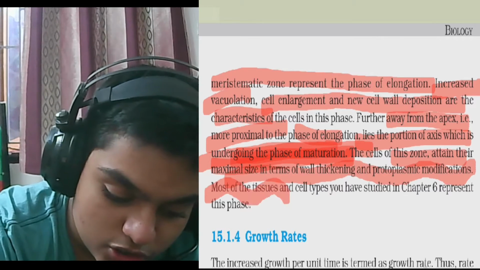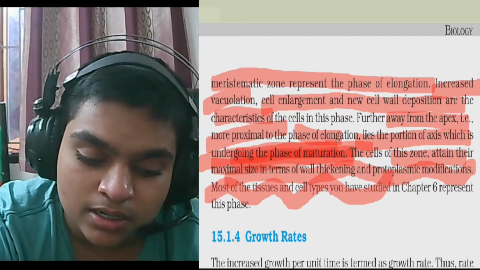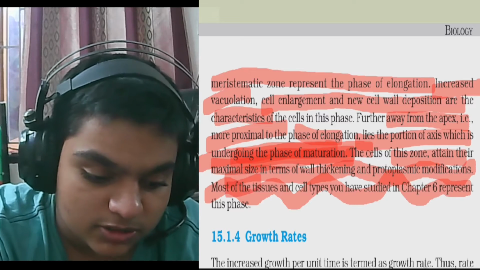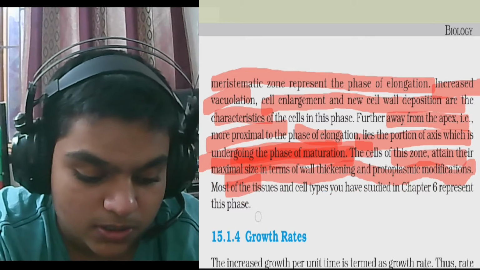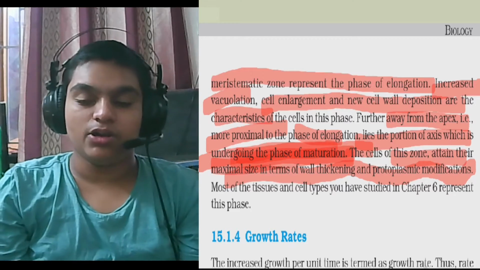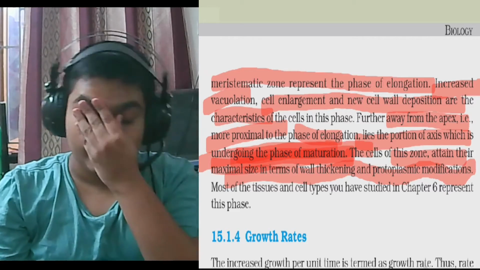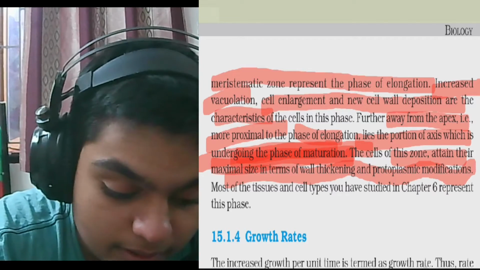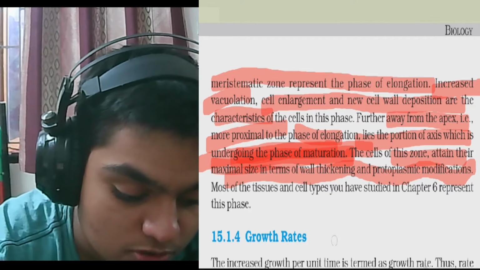Most of the tissues and cell types have been studied in the chapter. So let's remove this, not important. Yeah, we have completed the phases of growth.